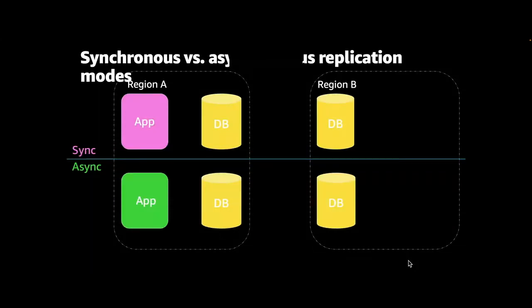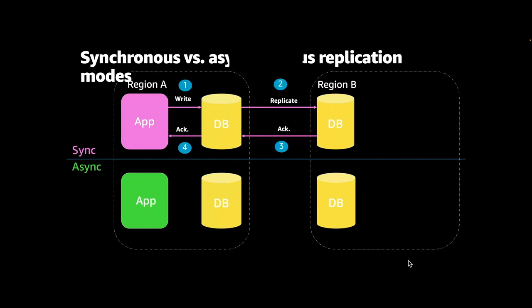So let's say in a fictitious scenario we have region A and region B with an application server and a database, and all the writes are done in region A and then replicated to region B synchronously, right? And you have the acknowledgement and then we reply. That will impact or affect the overall customer experience, right?